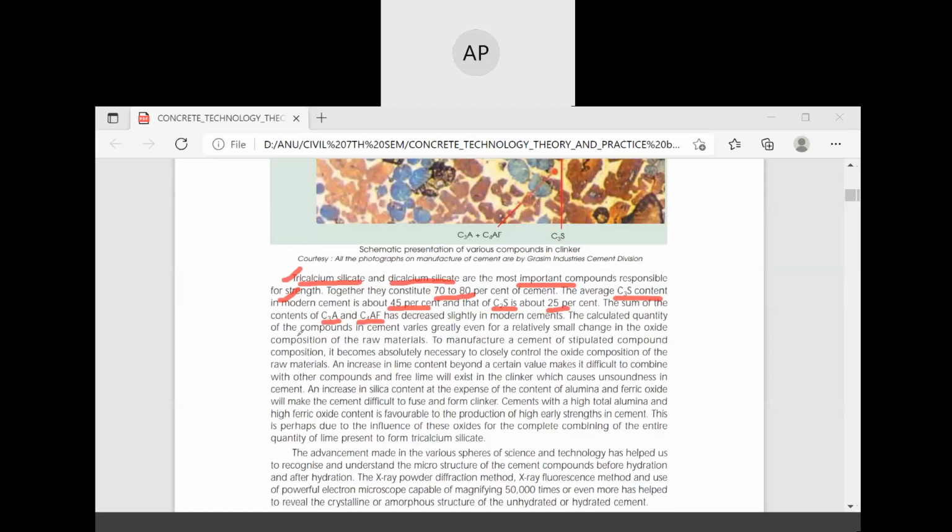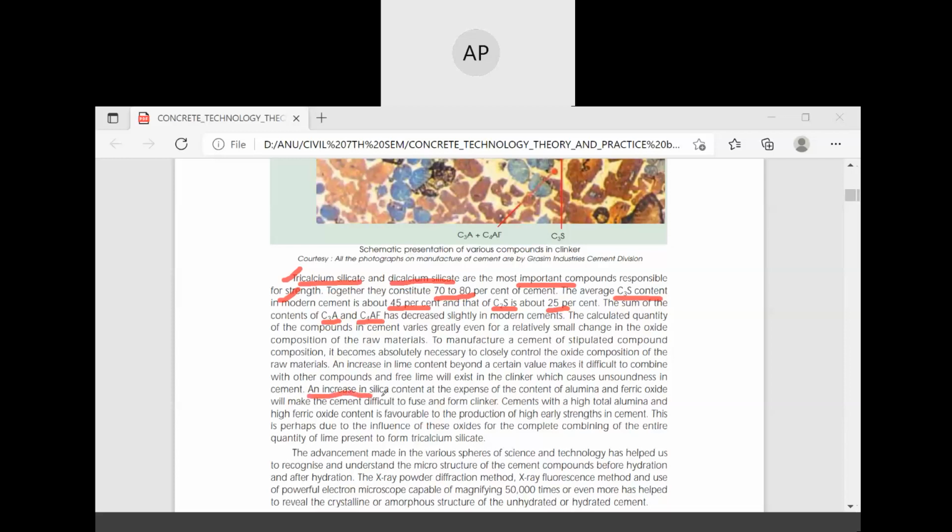The calculated quantity of the compounds in cement varies greatly even for a relatively small change in the oxide composition of the raw material. To manufacture a cement of stipulated composition, it becomes absolutely necessary to closely control the oxides.